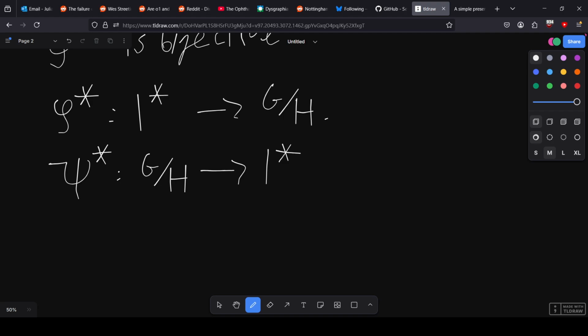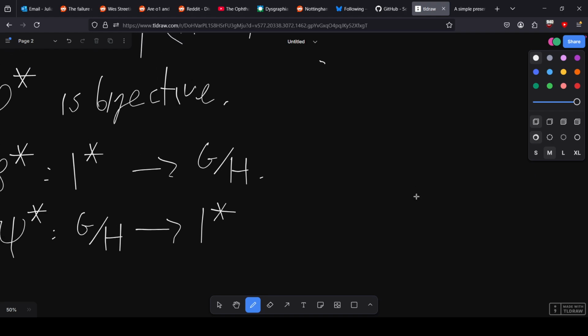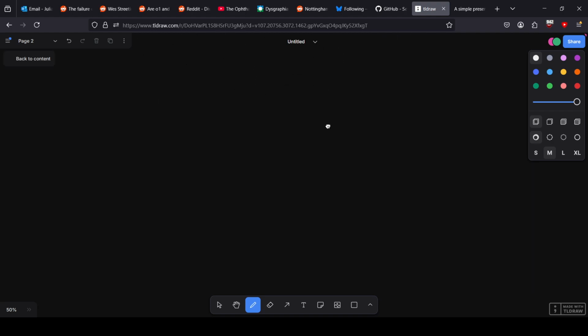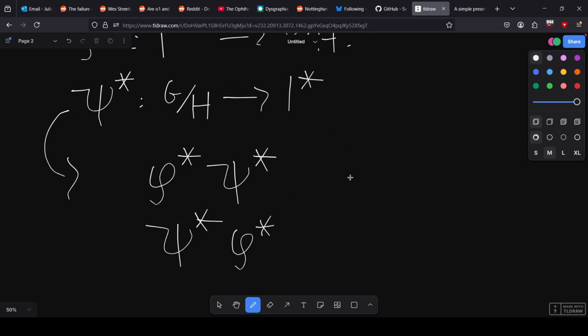And in particular, this is a good candidate for an inverse of phi star. If we prove that it's bijective by proving it has an inverse, we are done. So, we need to consider phi star psi star, and psi star phi star. If both of these are the identity on the respective sets, we are done.